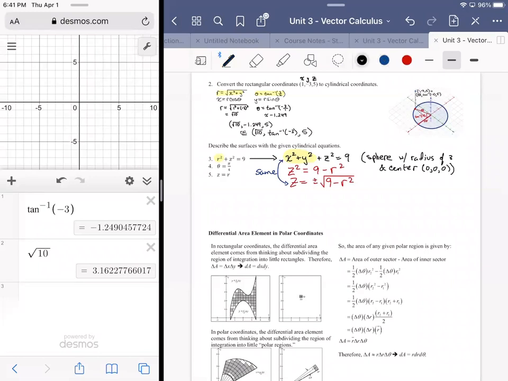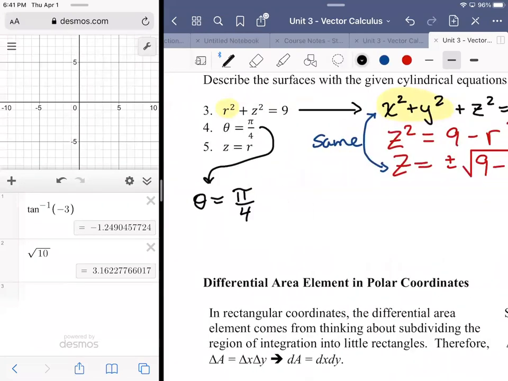Number 4, we have theta equal to pi over 4. Now we know that theta is equal to the inverse tangent of y over x, among other things, but that's going to be the most useful way of representing it.